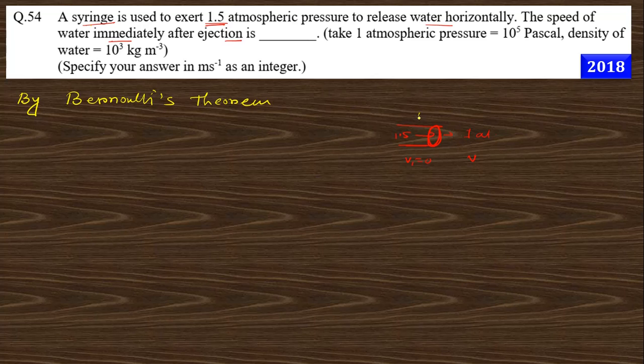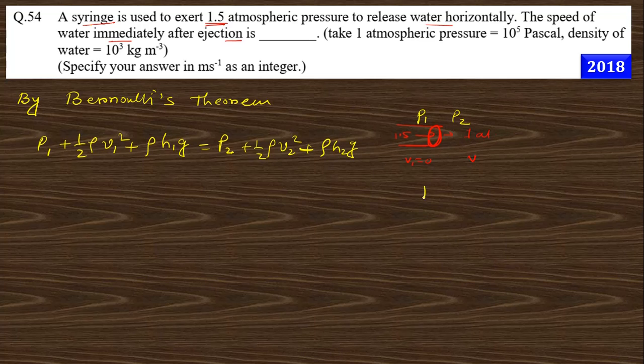So inside, take this as P1, and after, this is P2. So P1 plus half rho V1 square plus rho H1 g is equal to P2 plus half rho V2 square plus rho H2 g.